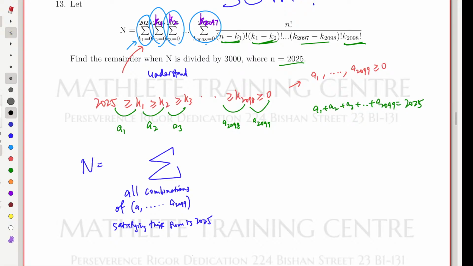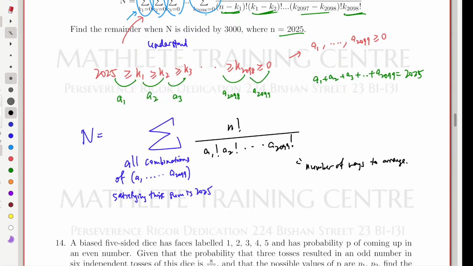And then now what's happening at the back is n factorial over a1 factorial, a2 factorial, up to a2099 factorial. Where have we seen this before? We have seen this as a number of ways to arrange stuff in a row with repetitions, right? So this is equals to the number of ways to arrange A1 of something.